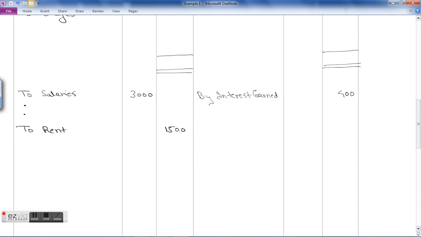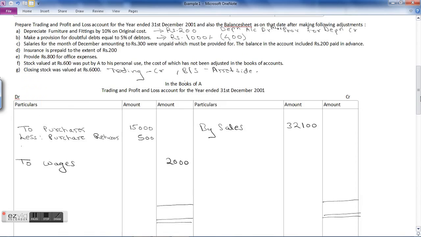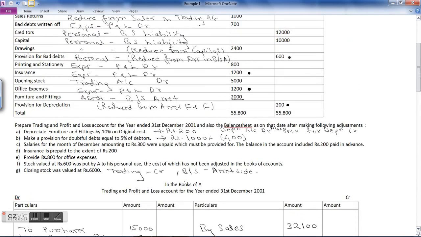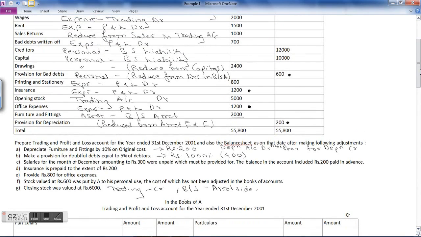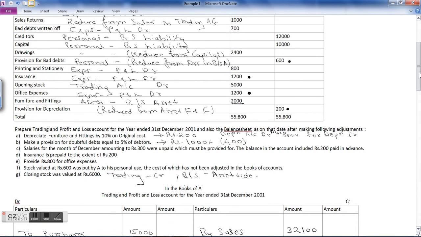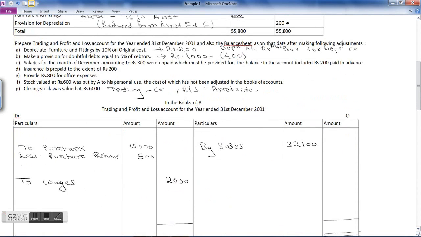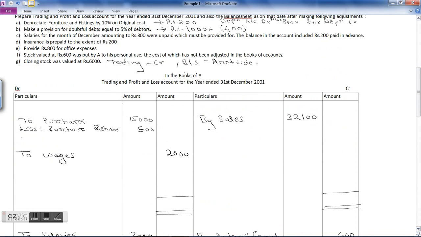Okay, then next is sales return 1000. We have to reduce it from sales in the trading account. So sales less sales return, amount is 1000.